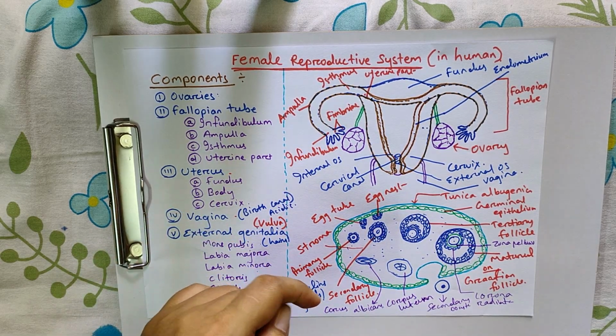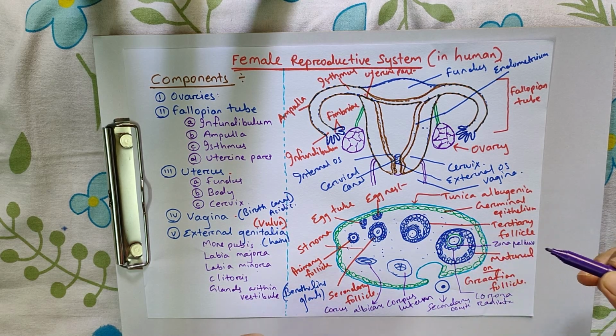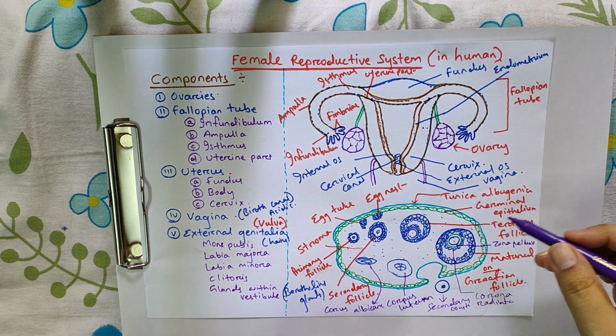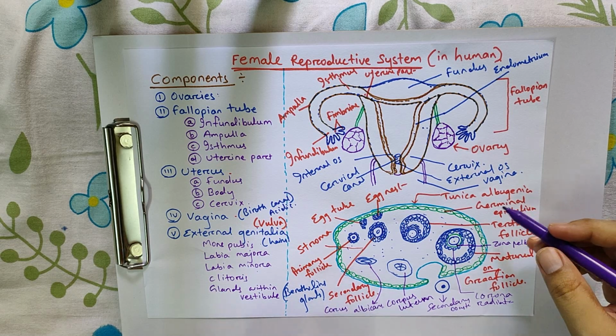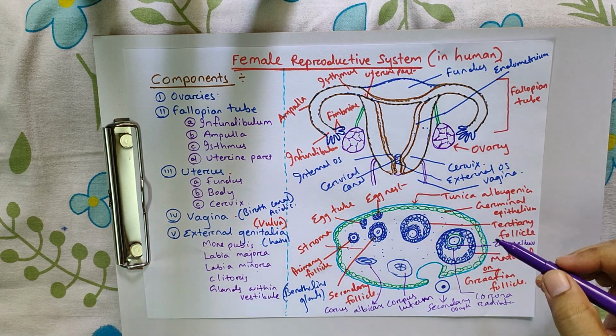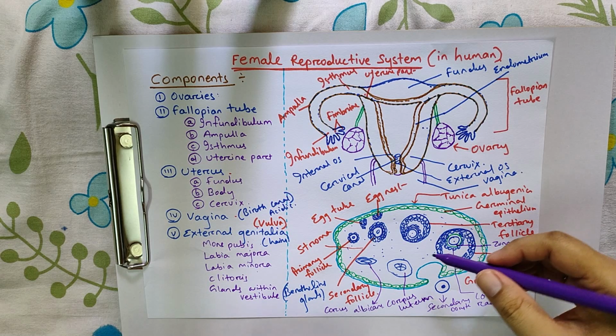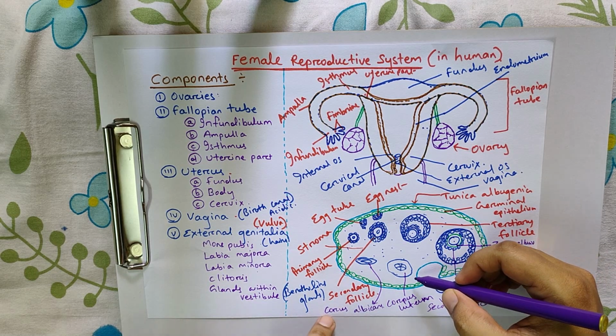The Graafian follicle produces the hormone estrogen under the influence of FSH, while the corpus luteum produces the hormone progesterone and also estrogen under the influence of LH.